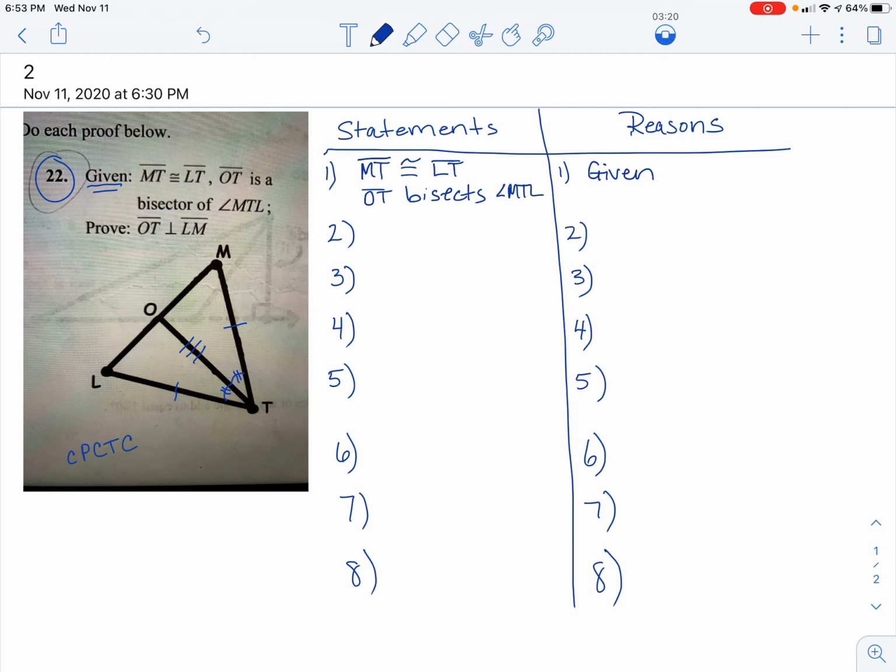Number two, based on that bisector, we now know that angle MTO is congruent to angle LTO. The reason for that is simply because that is what an angle bisector does. So we're going to say this is the definition of an angle bisector.